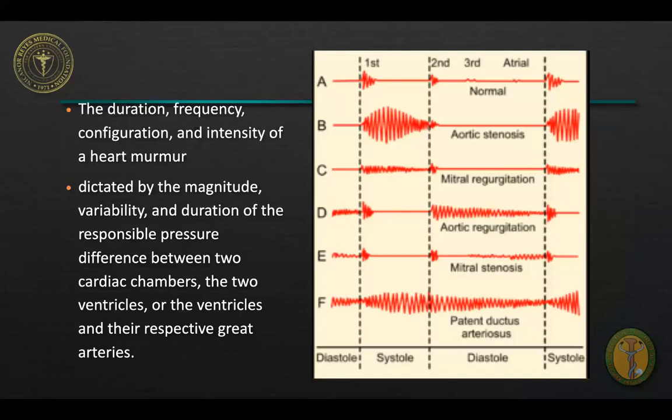Please take note of the following: the duration, frequency, configuration, and intensity of the heart murmur is dictated by the magnitude, variability, and duration of the responsible pressure difference between two cardiac chambers, the two ventricles, or the ventricles and their respective great arteries.